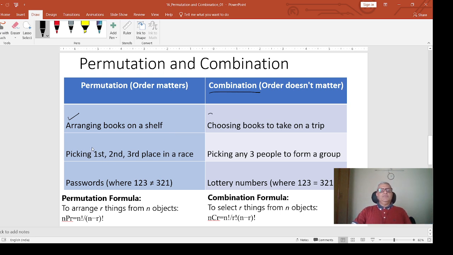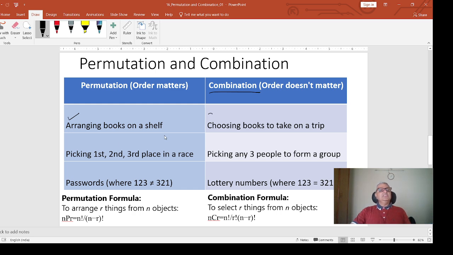Another example of permutation is picking first, second, and third place in a race. If 10 sprinters decide to run a 100-meter final, in how many ways can you pick the first, second, and third from those 10 runners? This is a classic case of permutation.